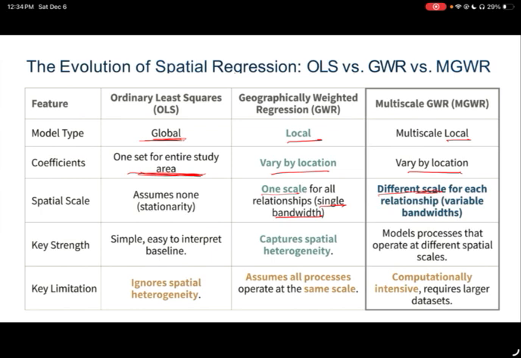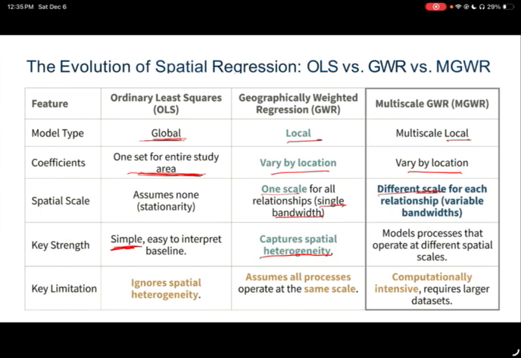As for the strengths of each model, OLS is simple and easy to interpret. GWR can capture the spatial heterogeneity, and MGWR, besides capturing the spatial heterogeneity, can also capture the scale of the impact of each variable on the dependent variable.